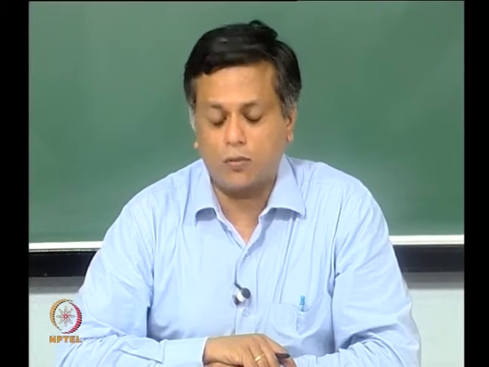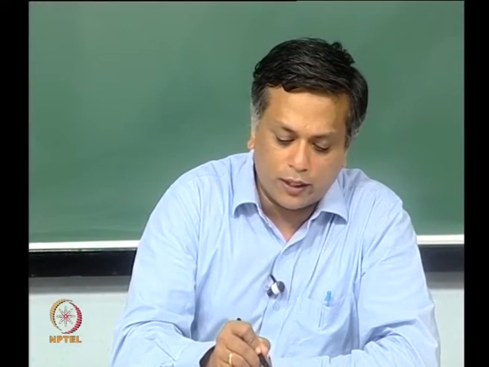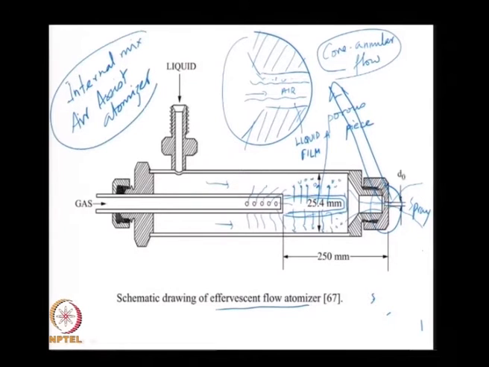Okay, but this is one of the only concepts of internal mix air assist atomizer. So, if I need to classify this nozzle, it would be as an internal mix; everything else is external mix.